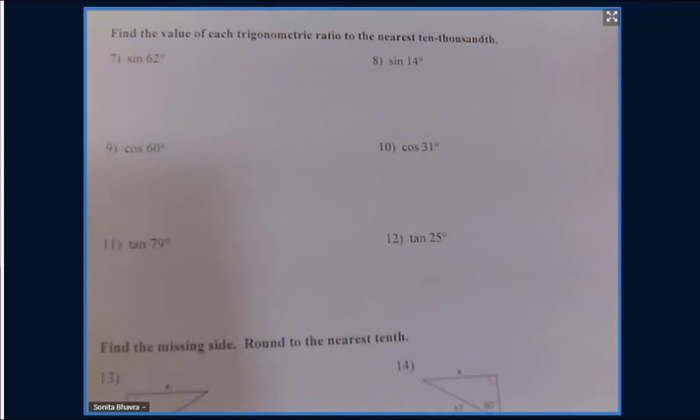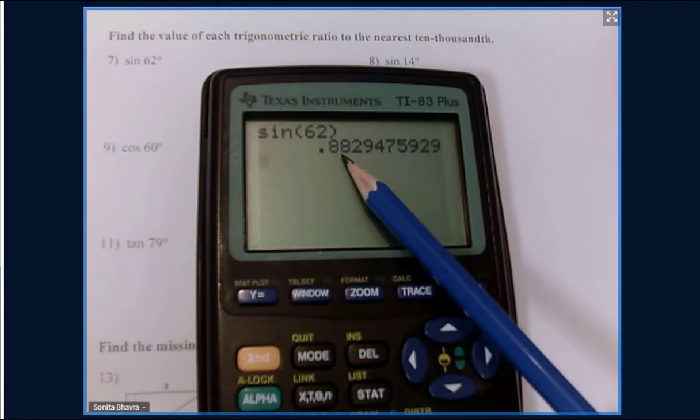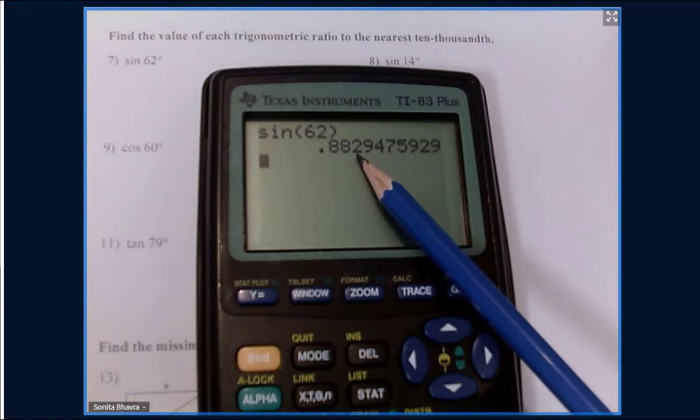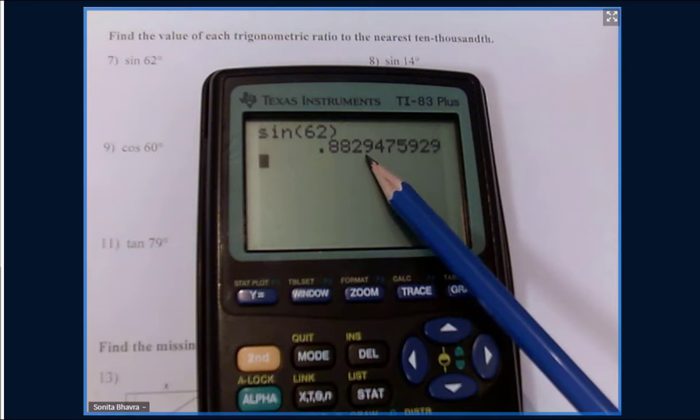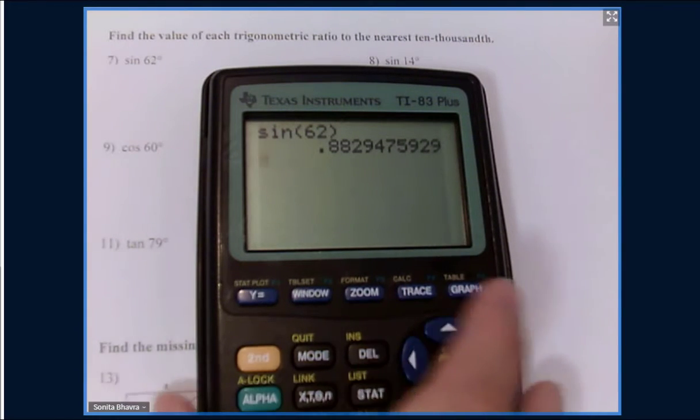So in your calculator, you're just going to type in sine of 62, close your bracket, and you get your answer. They want it to the nearest 10,000th. So we have our tenths, hundredths, thousandths, 10,000ths. So 0.8829 would be our answer for that one.